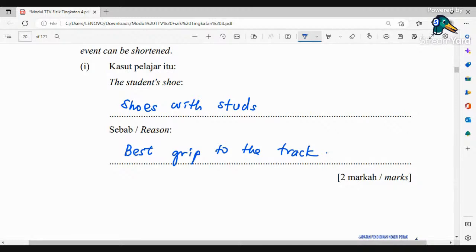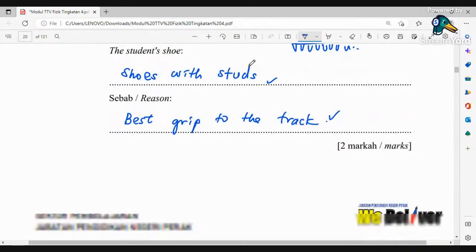Jadi gunakan yang ada studs atau yang ada paku. Tahu kasut macam ni, bawah dia macam kasut spike lah. Dia ada paku kat bawah. Kasut belah tu. Okay, 2 marks. Yang macam ni, you punya aspect dia dan juga reason. Ini 2 markah. 2 point.